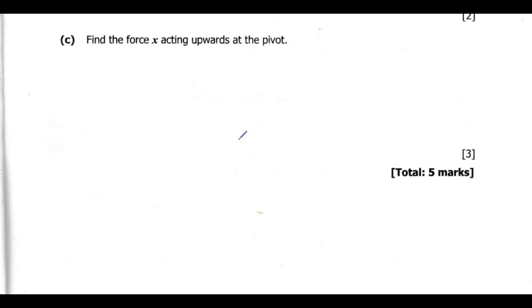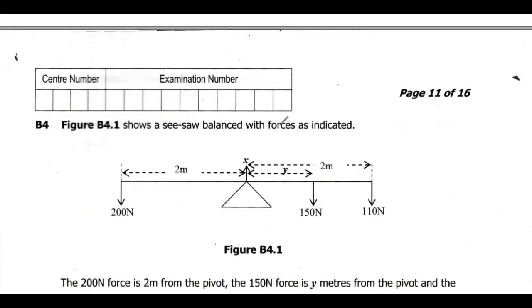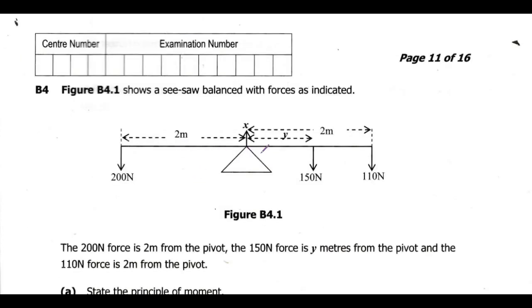Question C says, find the force X acting upwards at the pivot. So if we look at our seesaw here, we have the pivot X. There is a force acting in the upward direction, and then we have other forces here. How can we find the forces acting on this pivot?